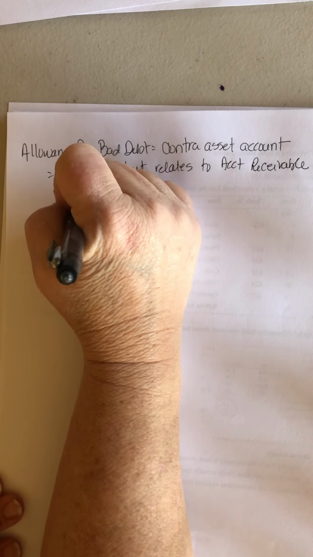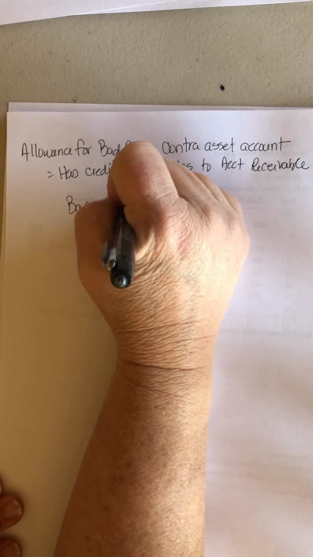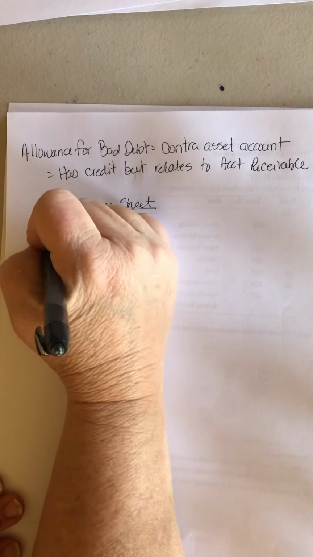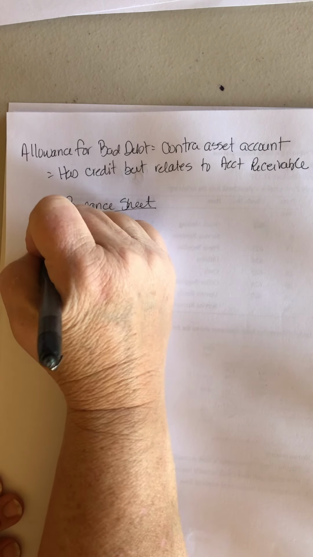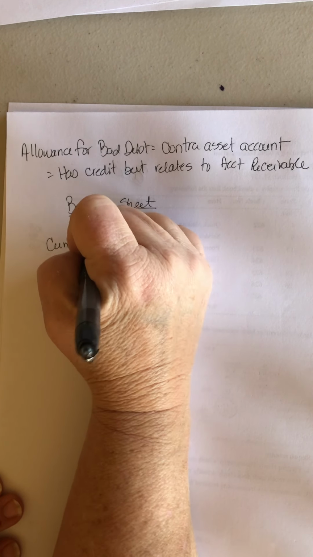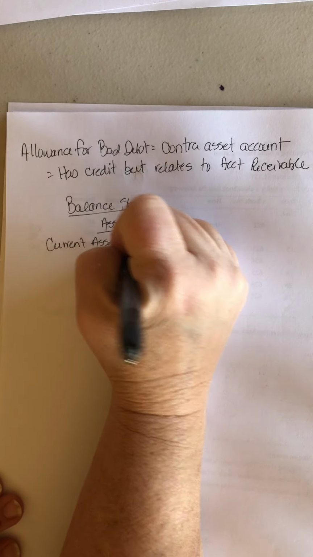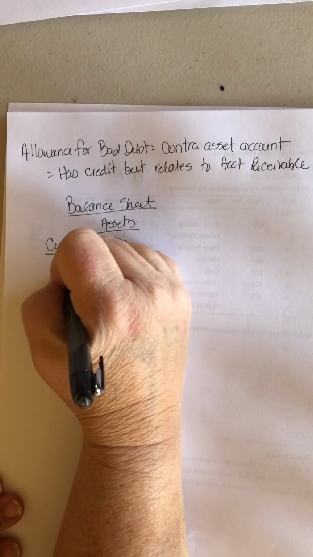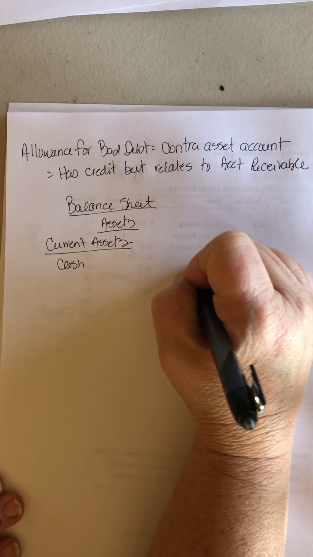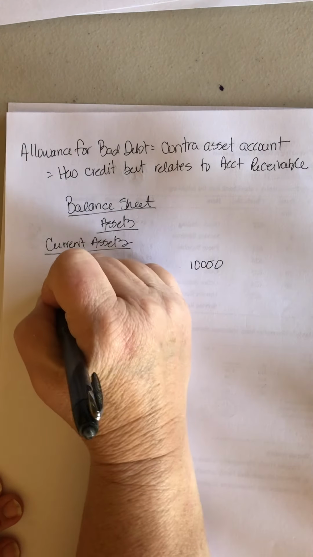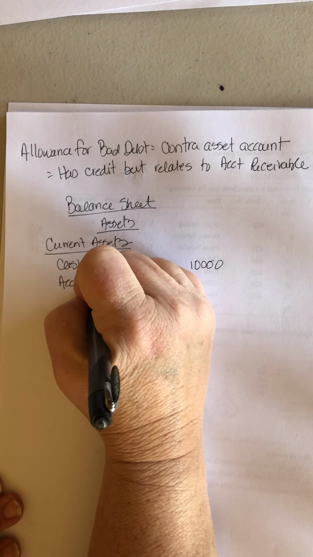So on the balance sheet, we've got assets, and then we have current assets. Now we have cash, and then we typically have accounts receivable. So let's say our cash had 10,000 in it. And then we have accounts receivable.